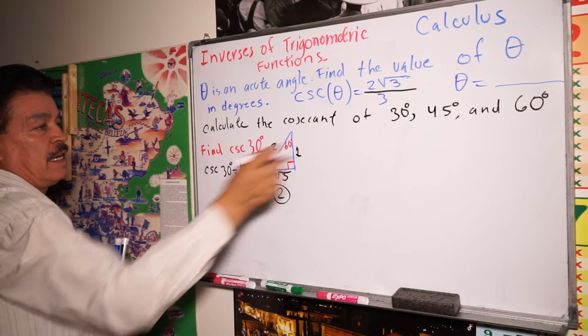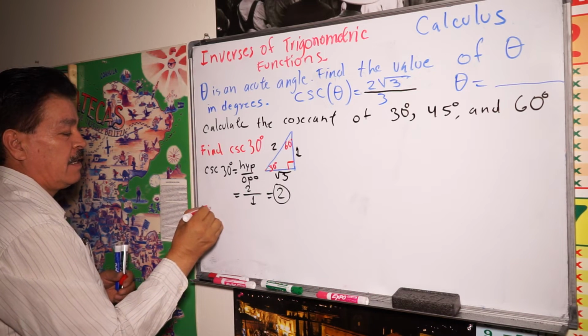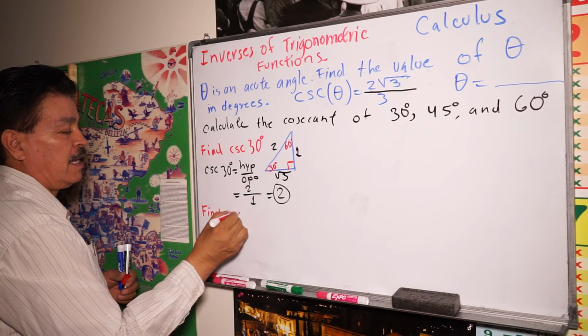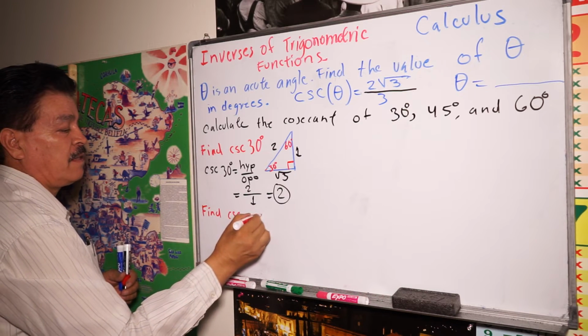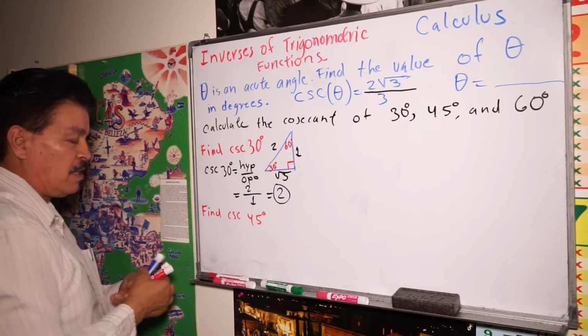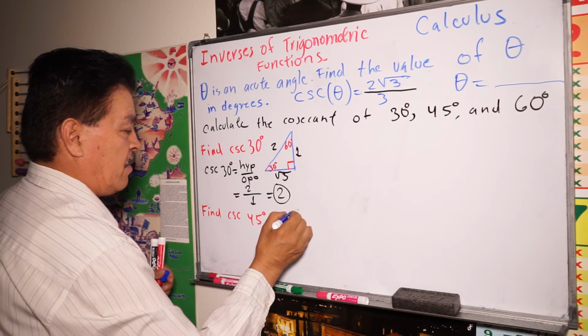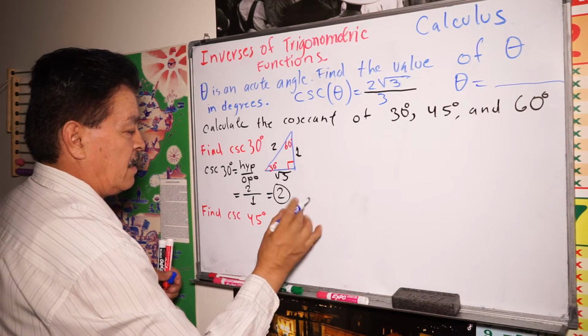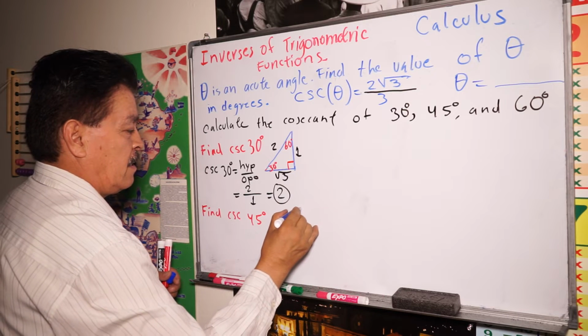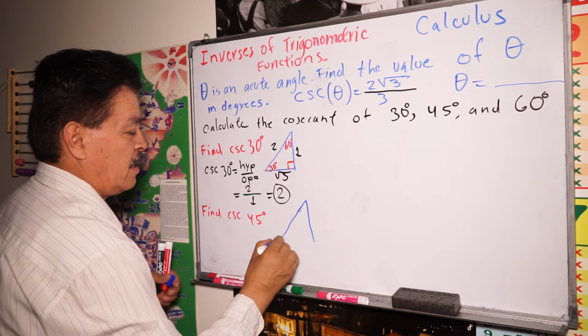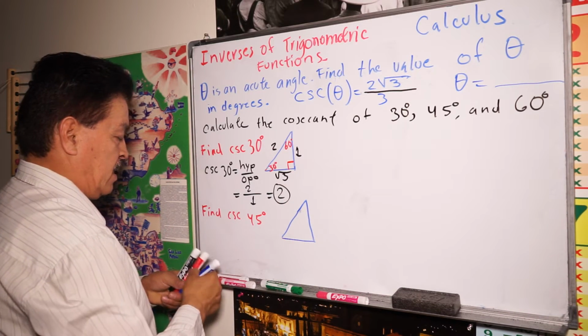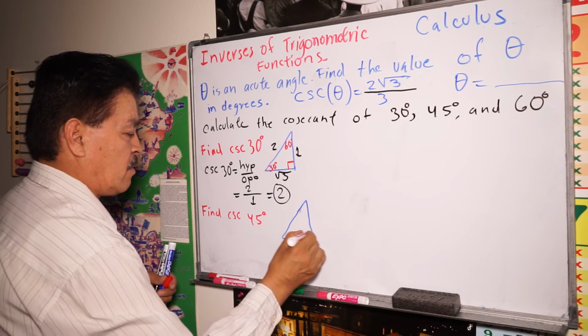Next one: find the cosecant of 45 degrees. Let me make a picture of our triangle. This is the right angle here.